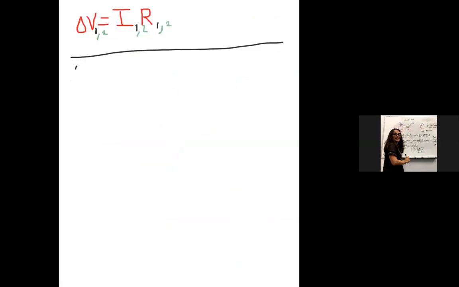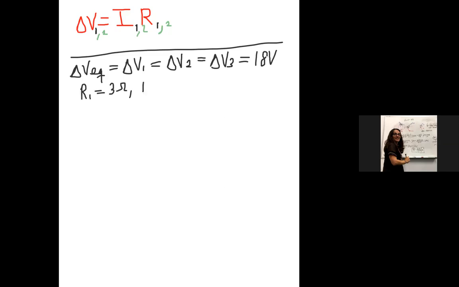So delta V equivalent is the same as what's going through resistor 1, is the same as what's going through resistor 2, is the same as what's going through resistor 3, and we happen to know that value, it's 18 volts. Now, we know resistor 1 is 3 ohms, resistor 2 is 6 ohms, and resistor 3 is 9 ohms.